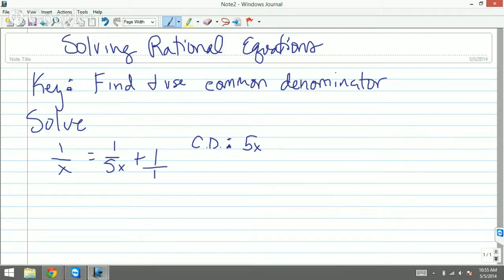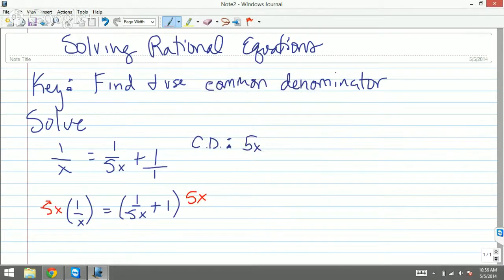So basically, you're looking to put everything that is in all the denominators together. Now write that out.